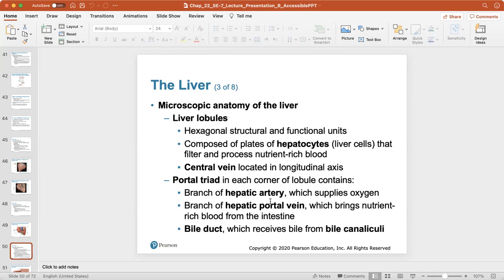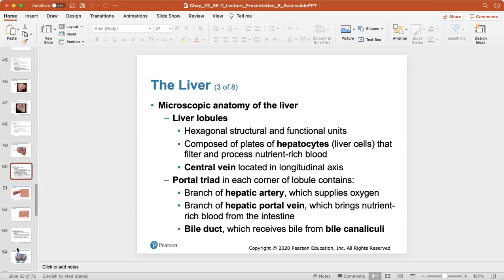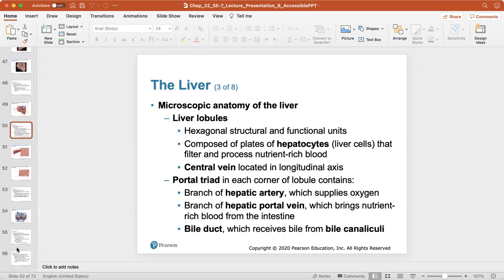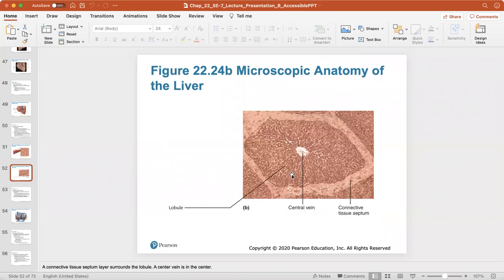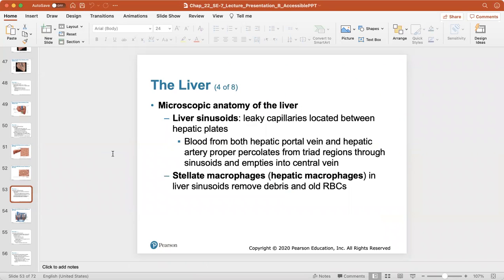The portal triad refers to each corner of the lobule, which contains a branch of the hepatic artery, the hepatic portal vein, which brings nutrient-rich blood from the intestine, and the bile duct, which receives bile from the bile canaliculi. So here's a look at the lobule, and each corner will contain these portal triads. There's a central vein, with connective tissue surrounding each. Liver sinusoids are the leaky capillaries located between the hepatic plates.